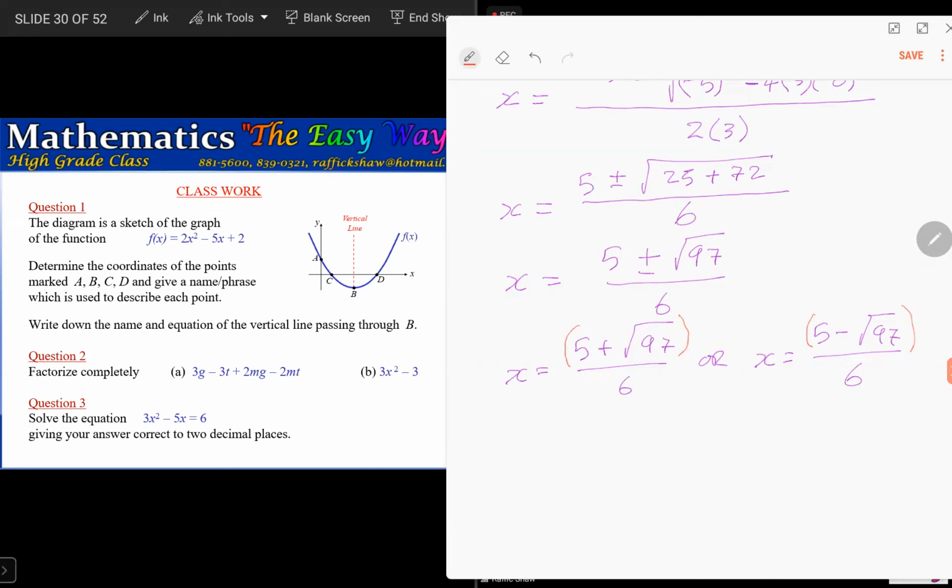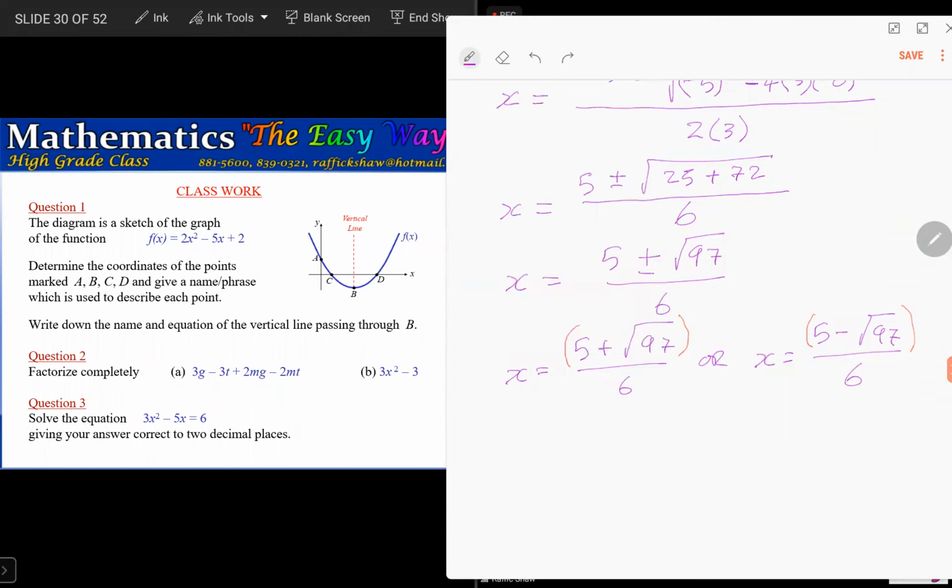So for persons who worked out the numerator first, and they get 5 plus square root of 97 equals, all right, so they get x equals, let's go back for the purple.